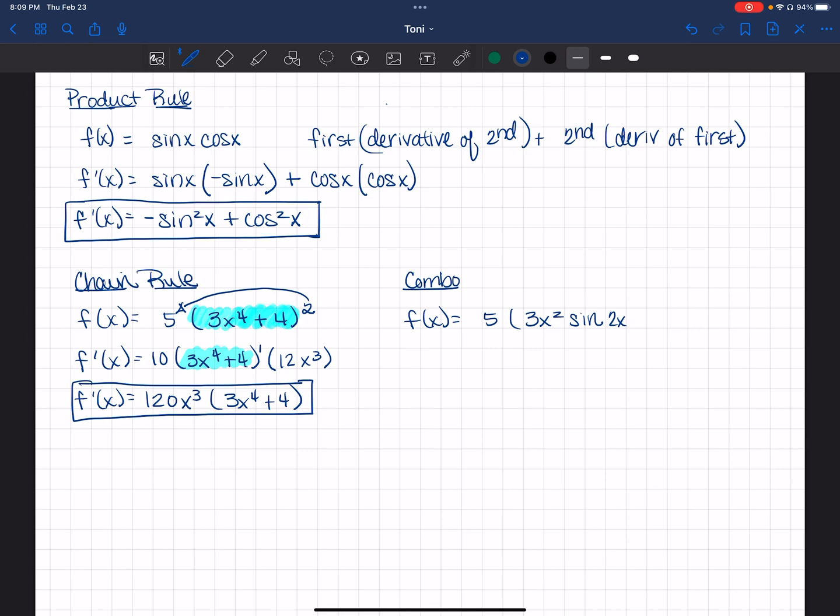So we've got all kinds of things going on here. All to the, let's say the third power this time. Okay, so what we're going to do first is what's that outermost part? So we're looking at the chain rule to start with.